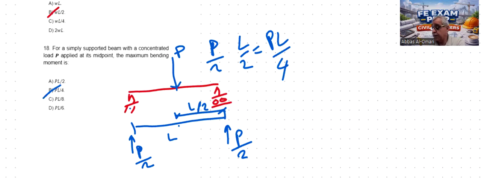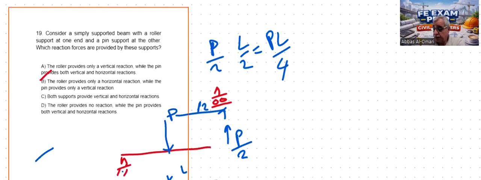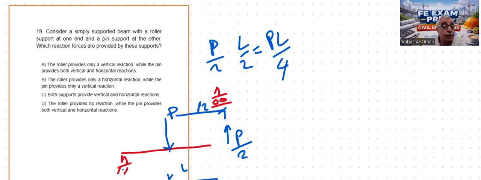Next question. Again, consider a simply supported beam with a roller support at one end and a pin support at the other end. Which reaction forces are provided at each support?